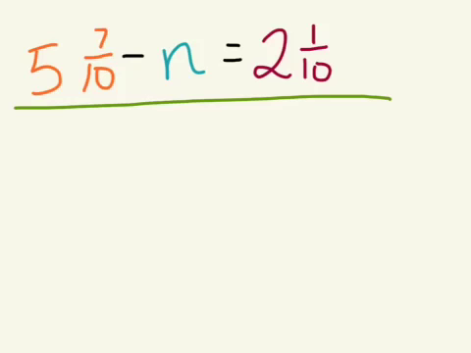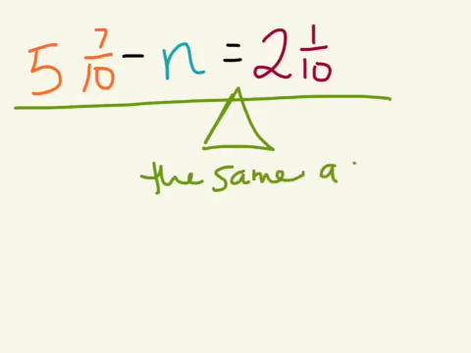Remember what we learned yesterday about this equals sign, meaning the same as? You don't have to write this down in your notes. That means that if this was on a scale, it would balance out because the number of oranges that Trey started with, take away the ones he ate, is the same as, equals 2 1/10 oranges.